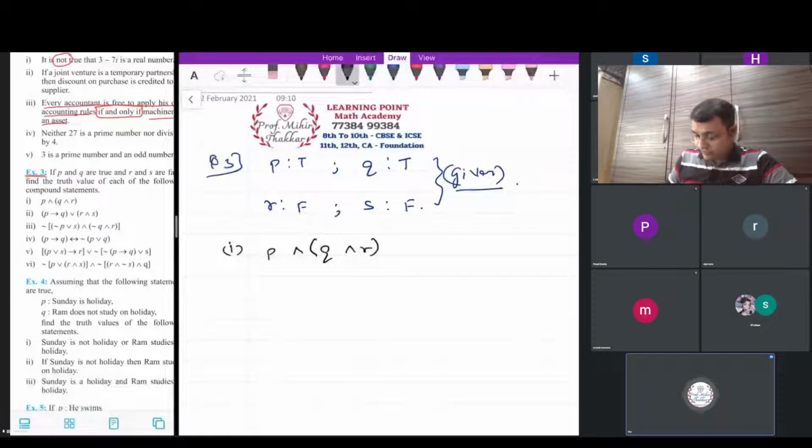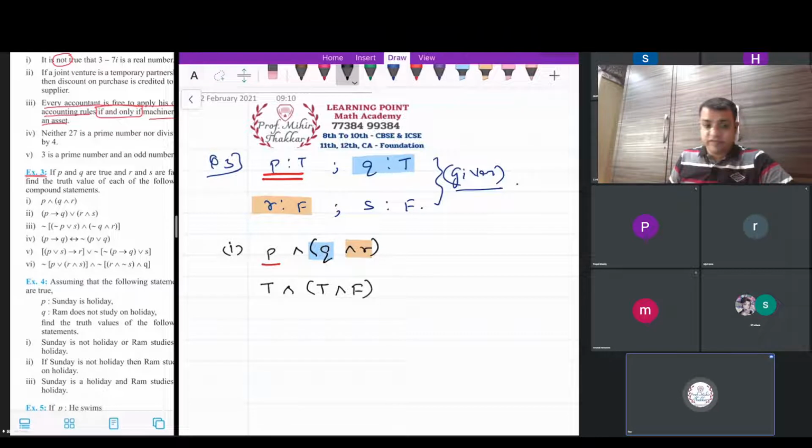So in place of P, I have to substitute the value as T, so I will write over here T. In place of Q, I will substitute the value as T. And in place of R, I have to write the value as false, so we will write over here F. And the basic connectives that are given to us in the question, we will just write them.